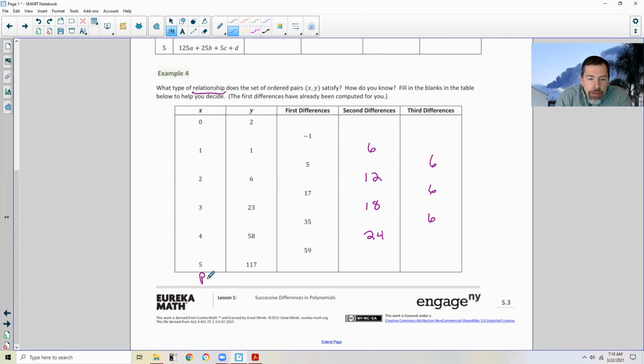I would say possibly a cubic relationship, since it took 3 differences to get it to be the same, and therefore the fourth difference would be 0. So this looks like it could be a cubic relationship.